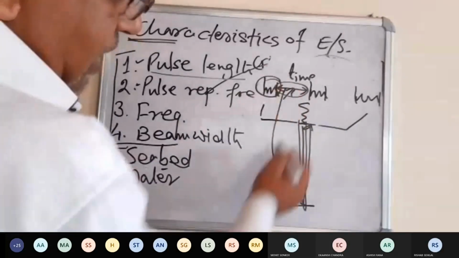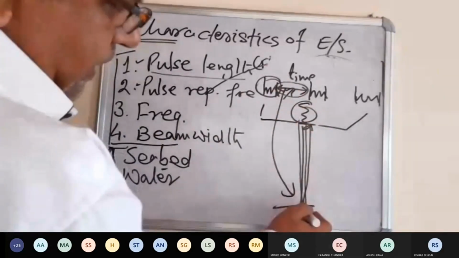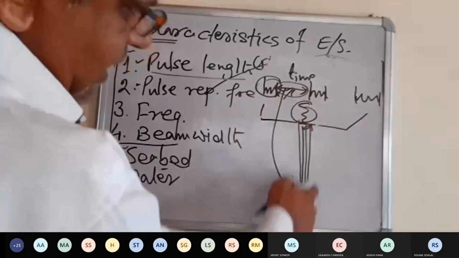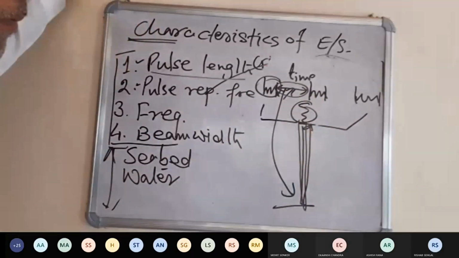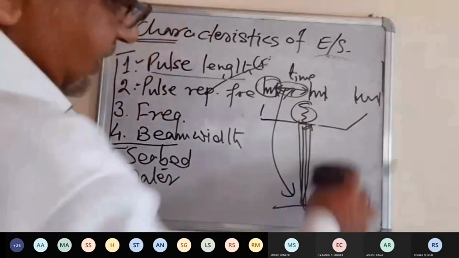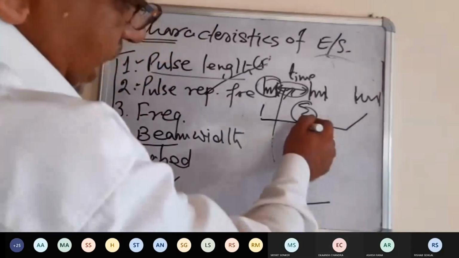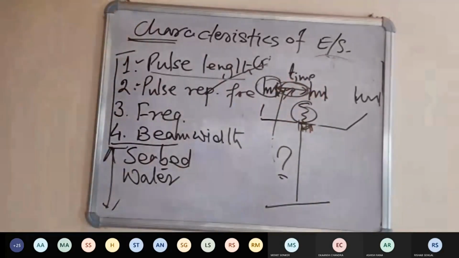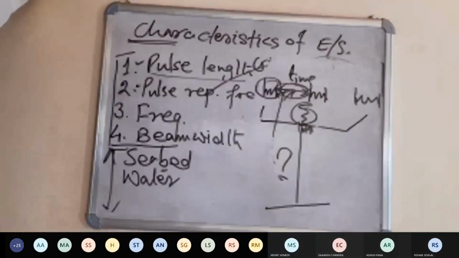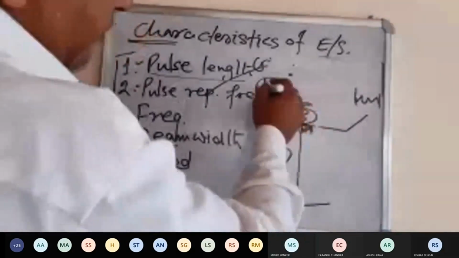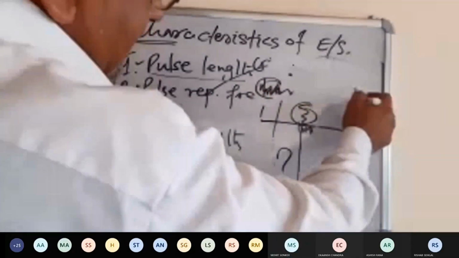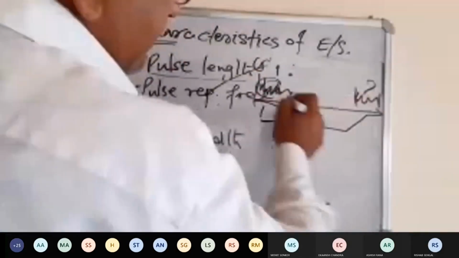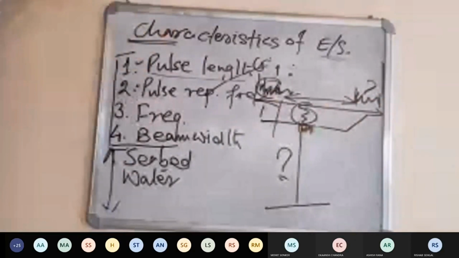A pulse's job is done when it starts traveling, hits, and comes back. One pulse's job is done, then the second pulse will go, hit, and come back. So how much distance it can go will depend on this time, or not? Yes, sir. That means if we have pulses like this, 1 and 2, two pulses in one second, this is the time available.